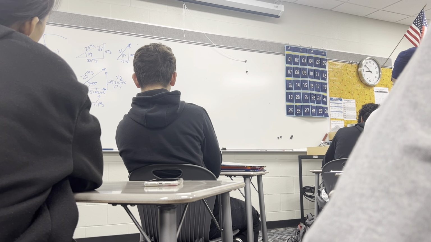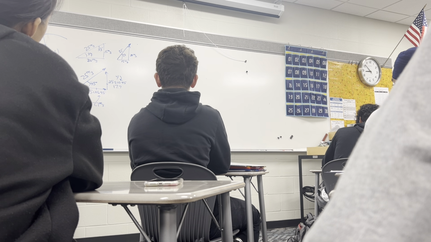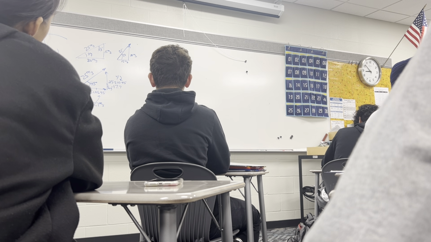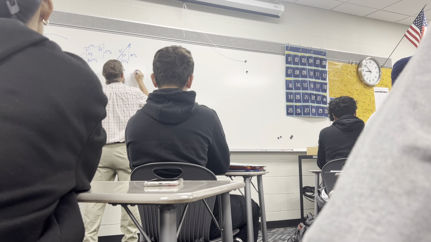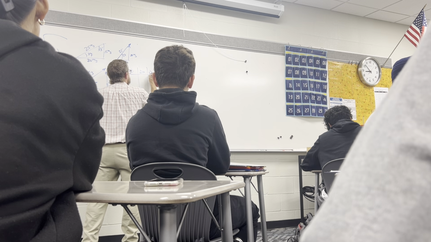When you do 25 sine, now this is your original x velocity, and this is your original y velocity. So the best way to graph the position versus time is make yourself a little t-chart: time, horizontal distance, vertical distance.